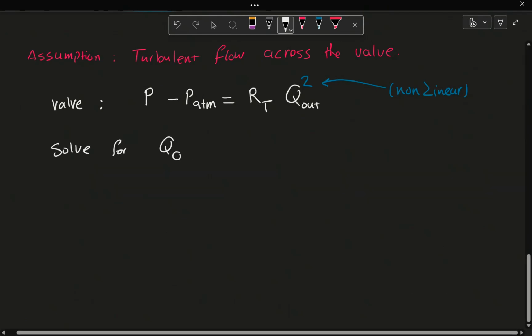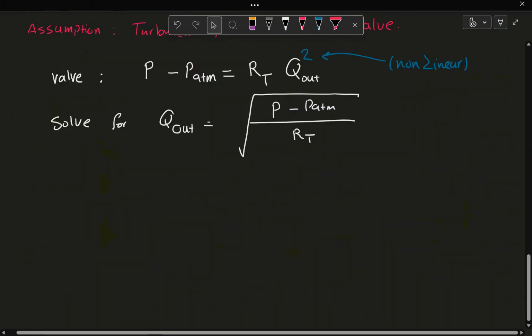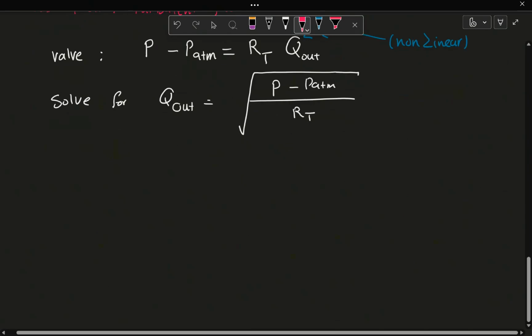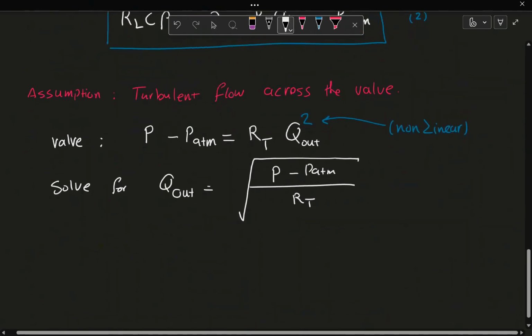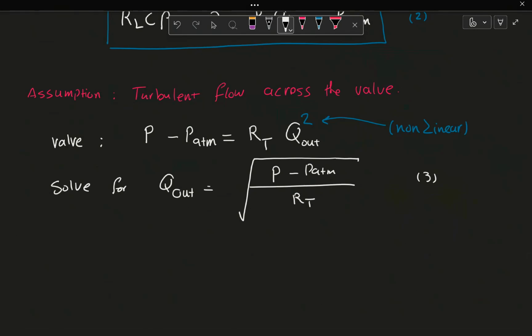So solving for Q_out, you notice that your Q_out would be P minus P atmosphere over R turbulent, and you're going to take the square root of this. Okay, let's call this equation 3.